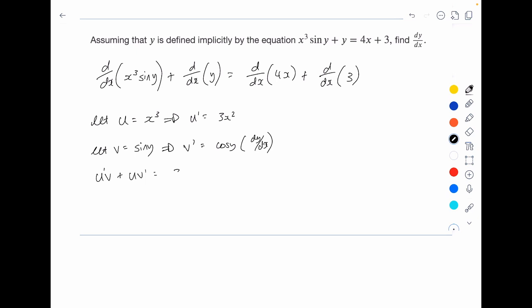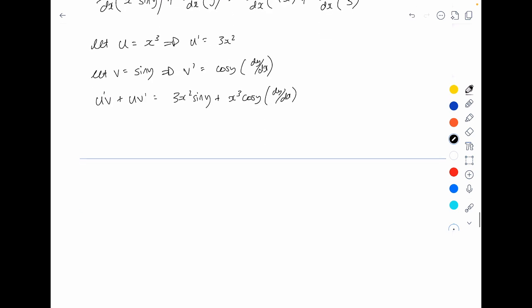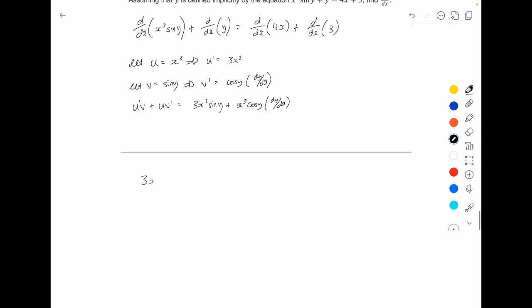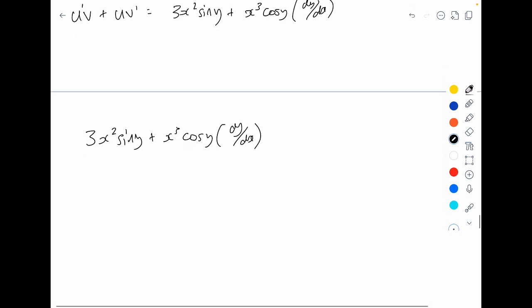So very simple. If we put this all together, what we get then is 3x squared sine y plus x cubed cos y dy by dx.